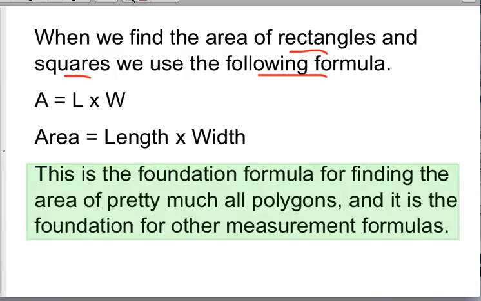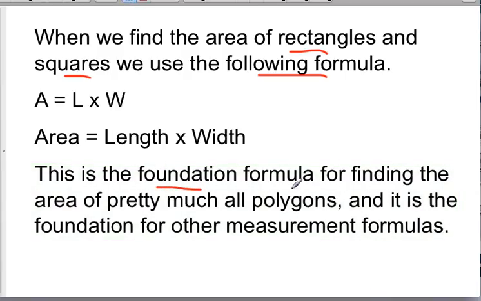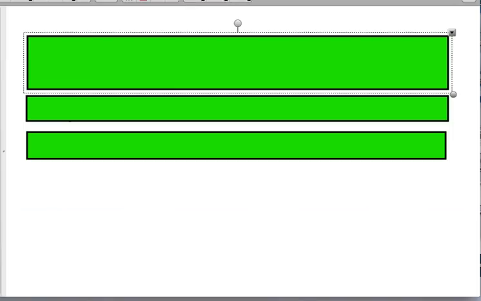An interesting thing to remember is that this is the foundation formula for finding the area of pretty much all polygons. And it is the foundation for other measurement formulas as well. So just this simple formula helps us find the area of many, many shapes, especially when we're decomposing shapes.